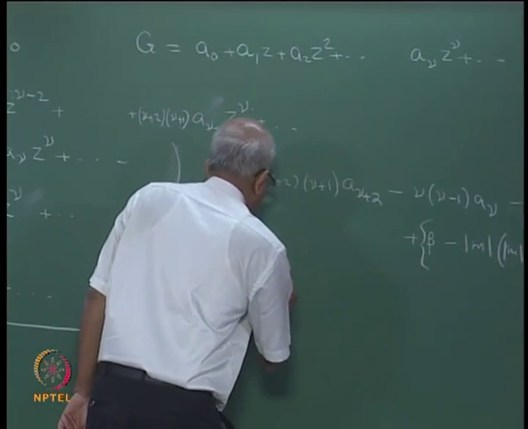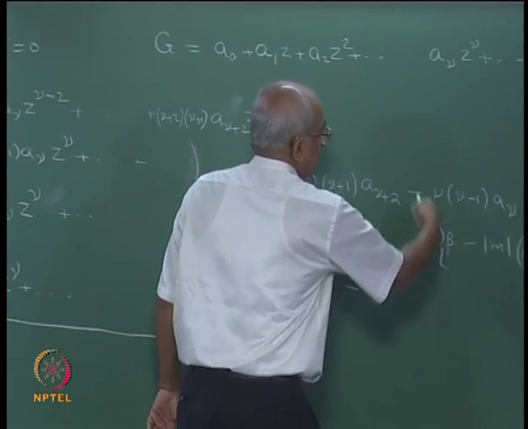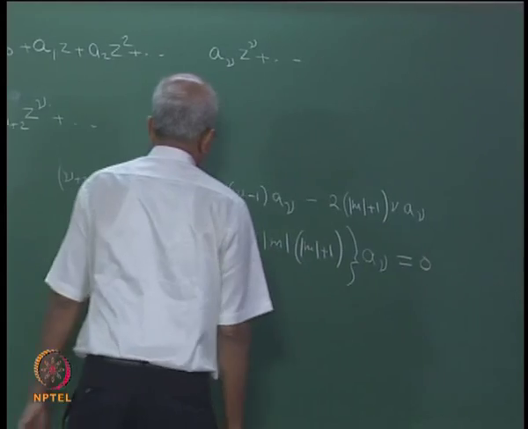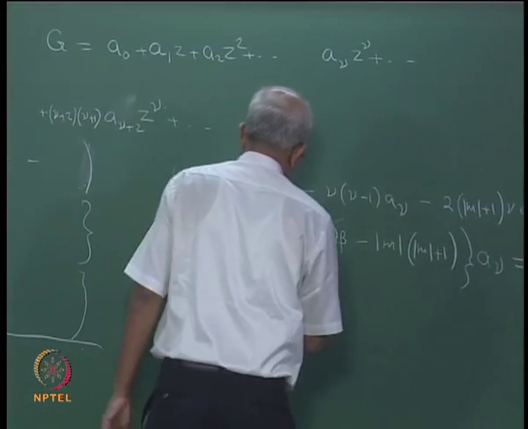How will I rearrange this? I shall write this as A nu plus 2 is equal to these terms I will take to the right hand side. So, if I took them to the right hand side, what will happen?